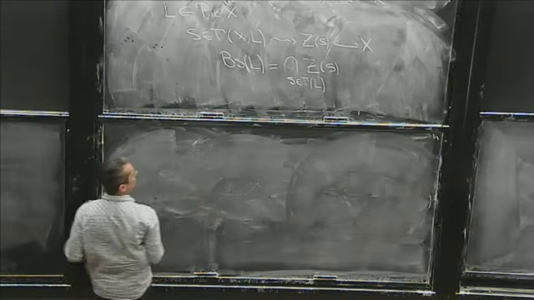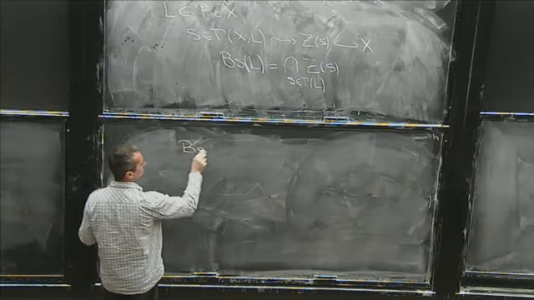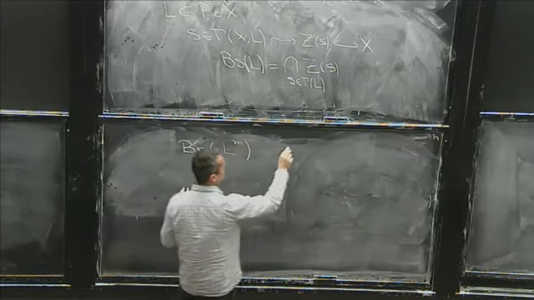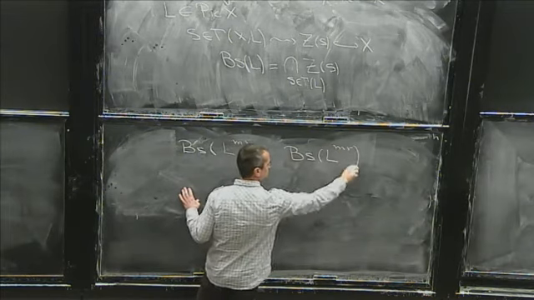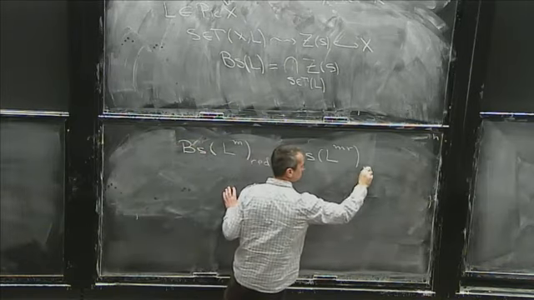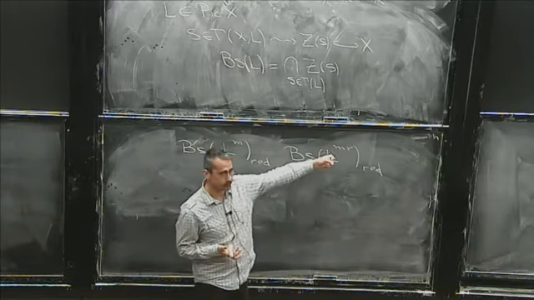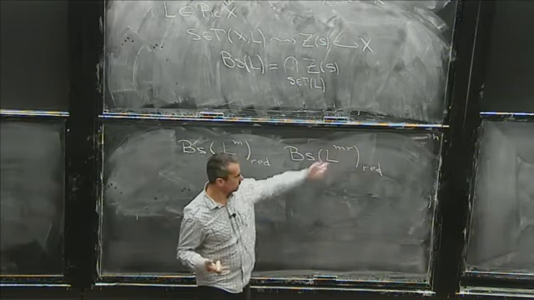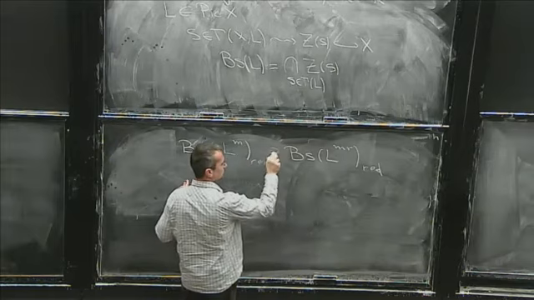Let me remark first that if I compare the base locus of a multiple L^m with the base locus of a multiple L^{mr}, and I take the reduced structure on these sets, then certainly if I have a section of L^m, taking its r-th power gives a section of this line bundle. So if I just look at the reduced structure, the zero locus is the same. In other words, I get this sort of inclusion.